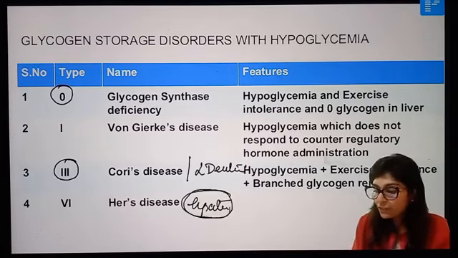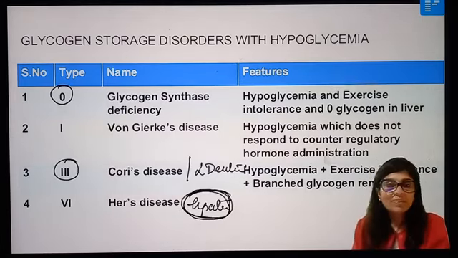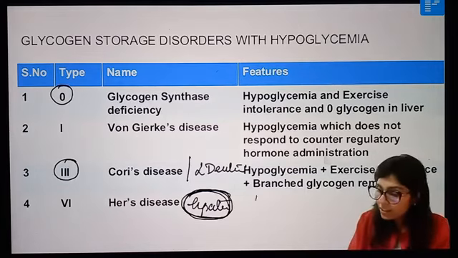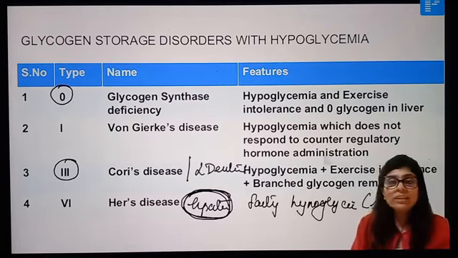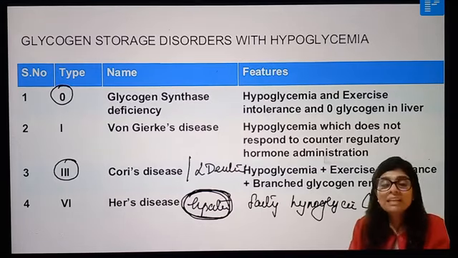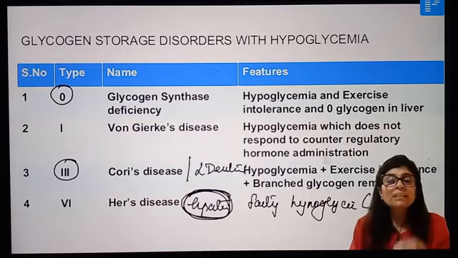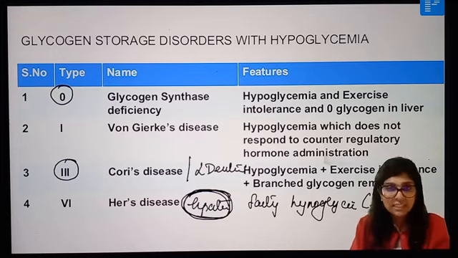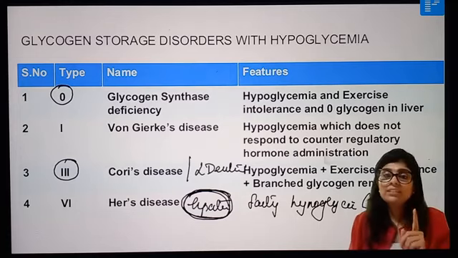Whenever there is liver phosphorylase or hepatic phosphorylase defect, what will you see? Hypoglycemia. So Hers disease will also present as fasting hypoglycemia. But will it be as severe as von Gierke's? No. This will be mild to moderate because Hers disease is only a defect of glycogenolysis. It's a defect of liver glycogen phosphorylase. But gluconeogenesis is intact, so that can maintain blood glucose.